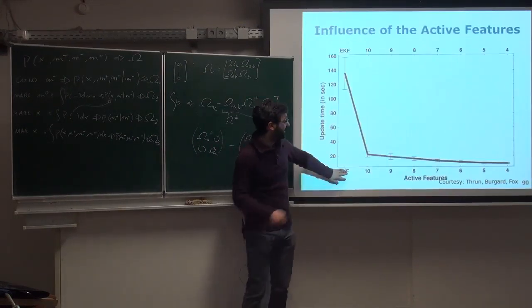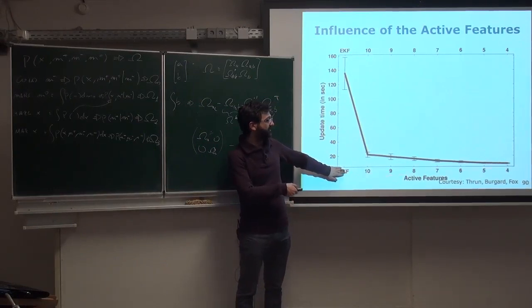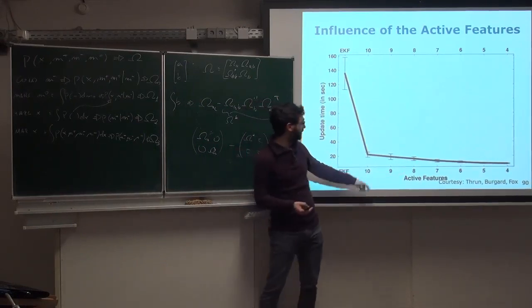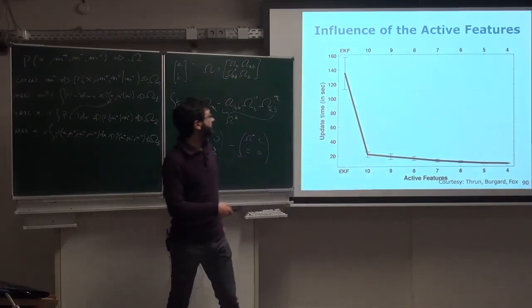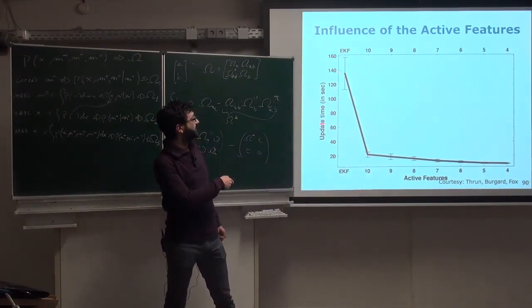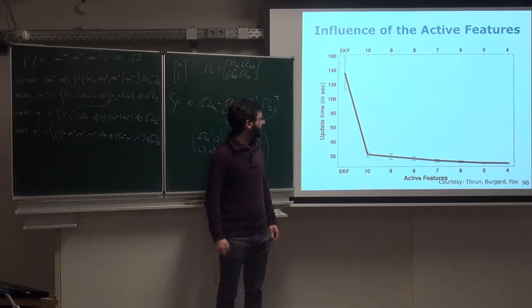If you see it now in terms of how many active features, the plot before was when we were using around 10 active features. You can see that the update time for the Kalman filter, when you use all of them, is about 140 seconds, while you get down to 30 seconds.